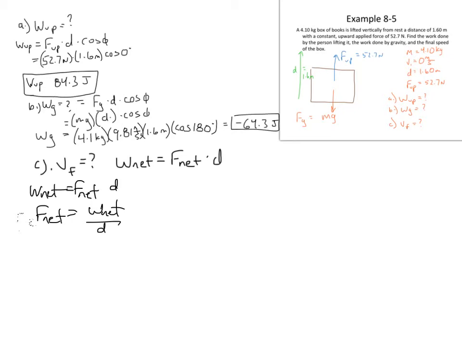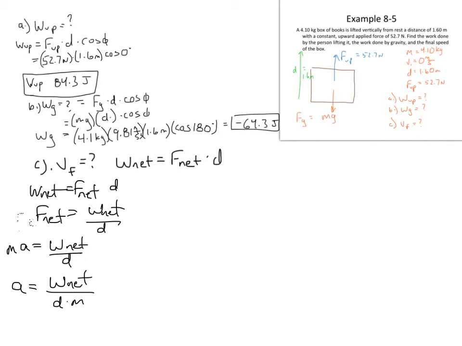Well, we know that net force is equal to mass times acceleration, so we can write that: mass times acceleration equals net work over distance. So that means our acceleration, that's a D, that's not an A, our acceleration is going to be our net work over D times mass.